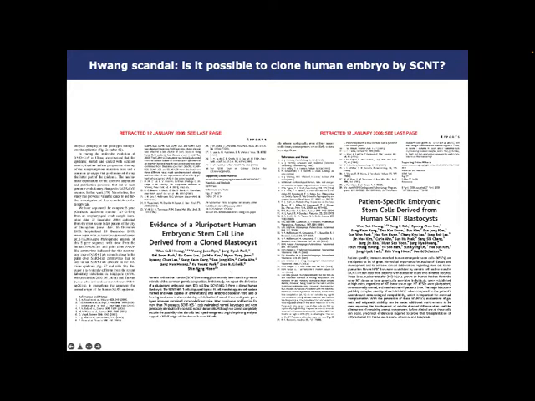Professor Woo-Suk Hwang's group used the same way, SCNT, to create the human embryonic stem cell line, and they reported it is possible to create a human embryonic stem cell line by somatic cell nuclear transfer, but it turned out those were fabricated, and the created stem cell line did not actually originate from the donor fibroblast, the donor somatic cells.